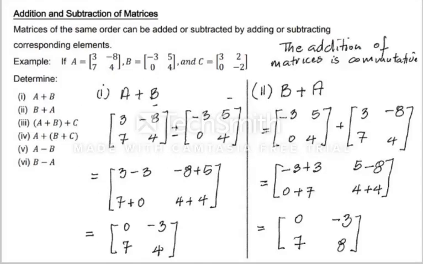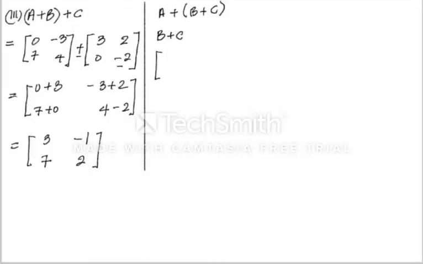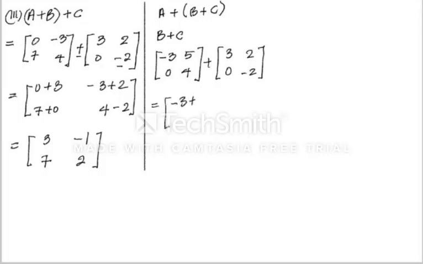So B would be minus 3, 0, 5, 4 plus C, which is 3, 0, 2, minus 2. So this is going to come out to be minus 3 plus 3.